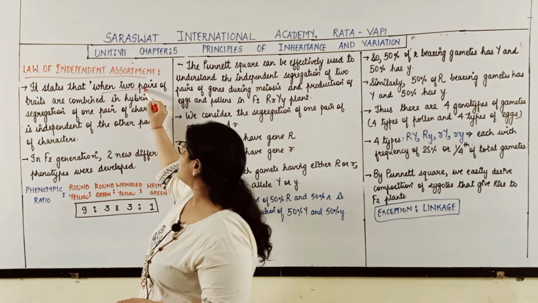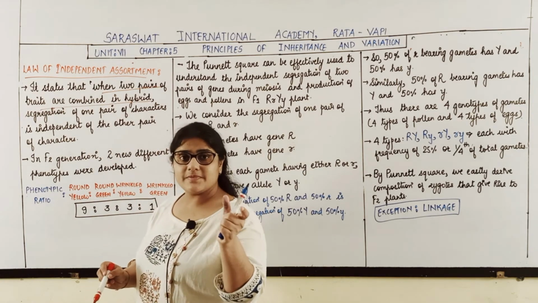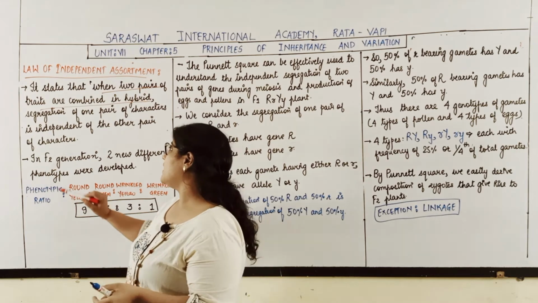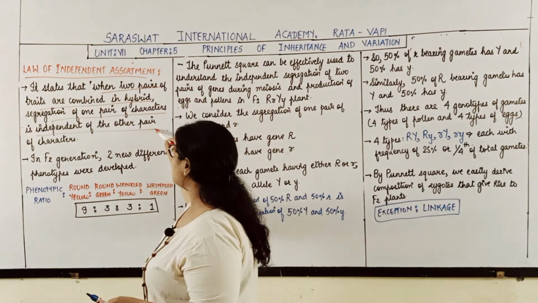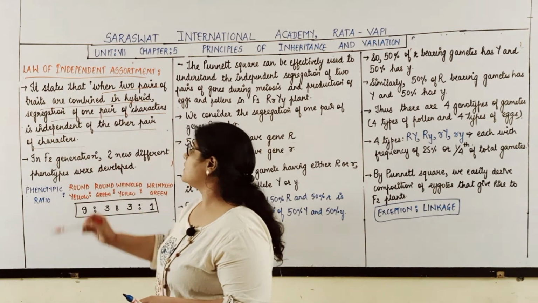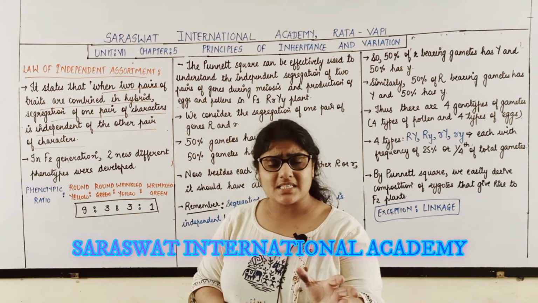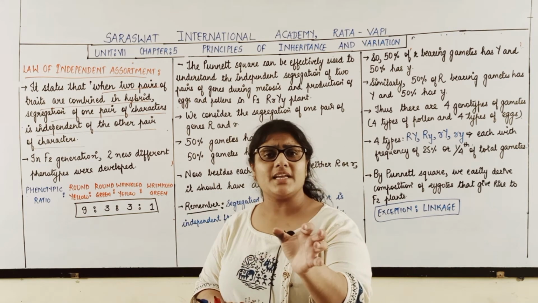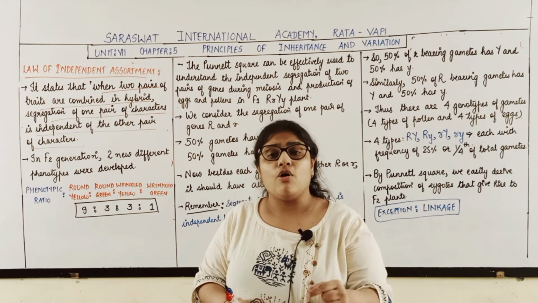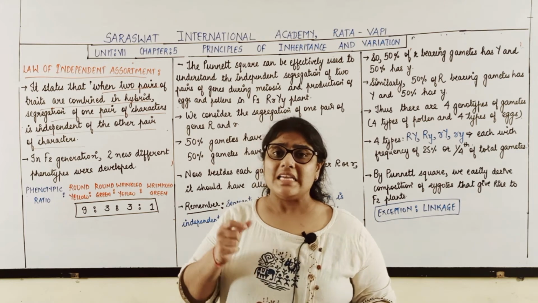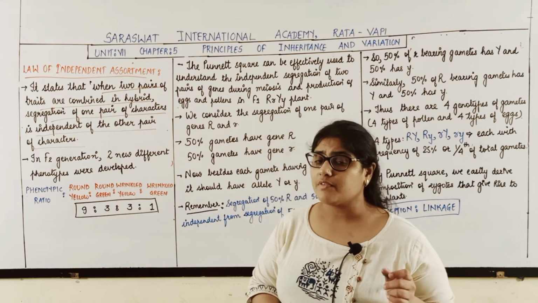It states that when two pairs of traits are combined in a hybrid, that is when there are two characters in the hybrid, segregation of one pair of character is independent of the segregation of the other pair of characters. So students, it states that when we study the inheritance of two characters simultaneously, then segregation of one pair of character is independent from the segregation of the other pair of character.